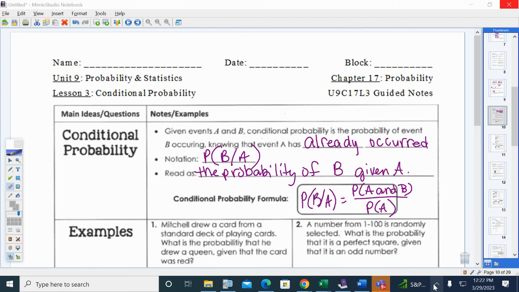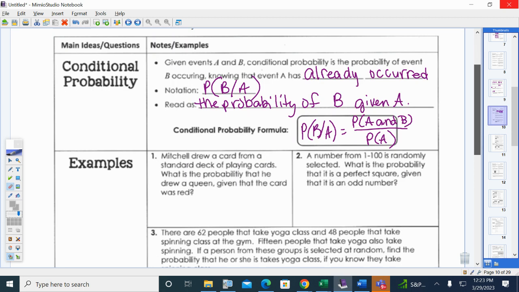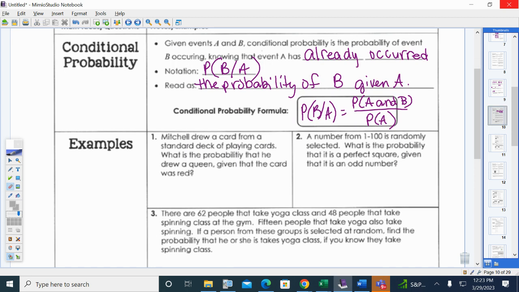The notation is P(B|A), and that is read the probability of B given A. And there's a formula here. Full disclosure, I really don't use the formula as much as I just try to tackle these things with common sense. So let's look at example number 1.